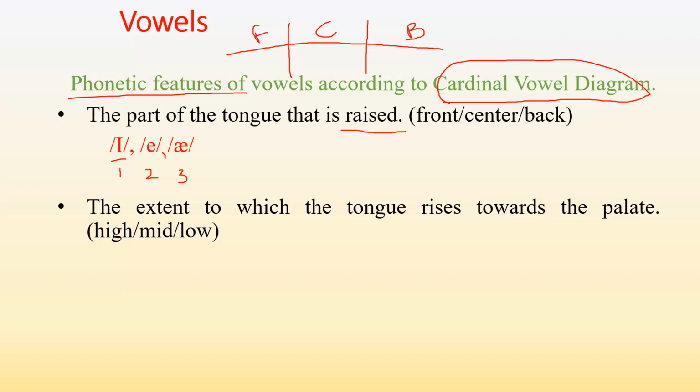Which part of the tongue is feeling something different? The front part is where you have the tip of the tongue. When we talk about consonant sounds, the tip of the tongue is familiar to you, so the front part includes the tip area also. When we say E, don't you feel this front area is slightly raising?